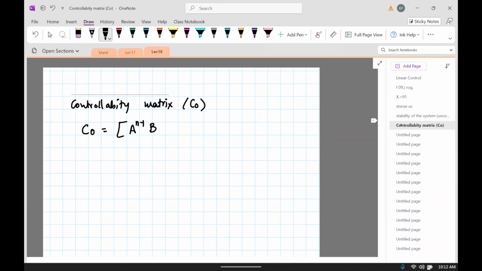So for the example I showed you, n equals 4 because there are 4 states. So CO is A to the n minus 1 times B, A to the n minus 2 times B, and so on, till A squared B, AB, B. Okay, so compute this matrix called the controllability matrix.